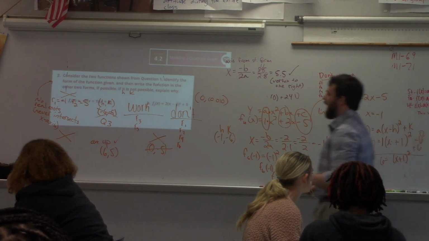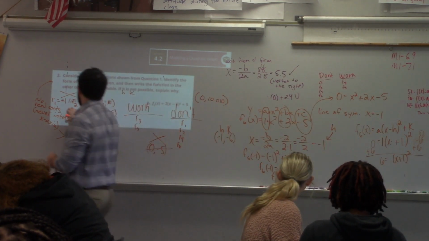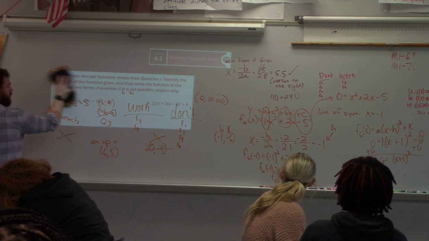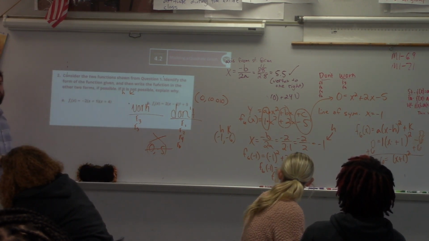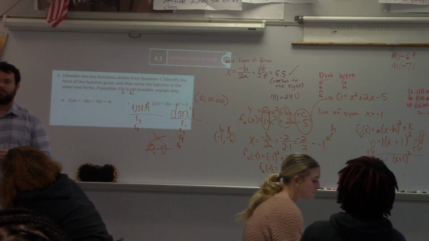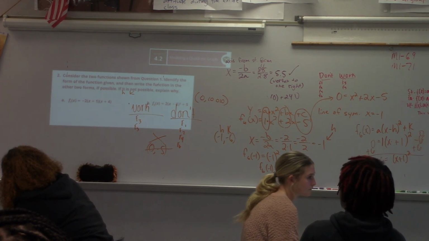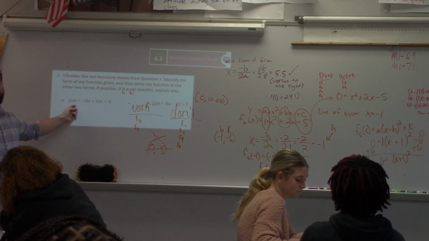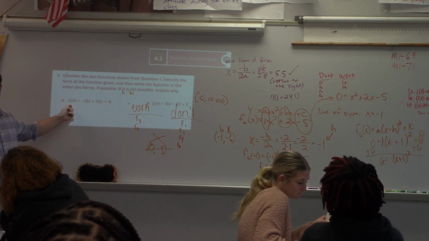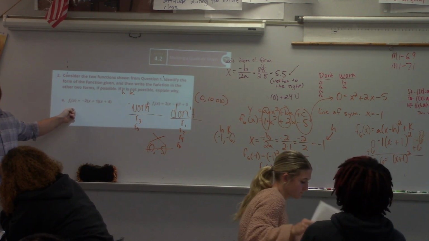What do we have in this first function? Factored form. So what are the other two forms that we're going to want to get? Standard and vertex. We have actually already learned how to go from this to standard form if we go back and look at what Christine did.